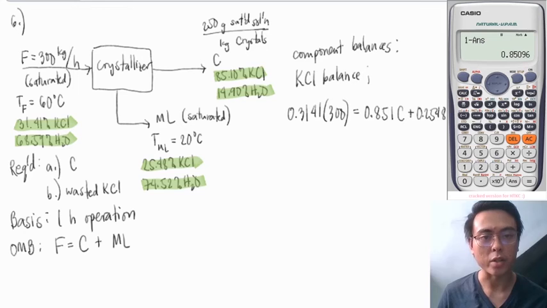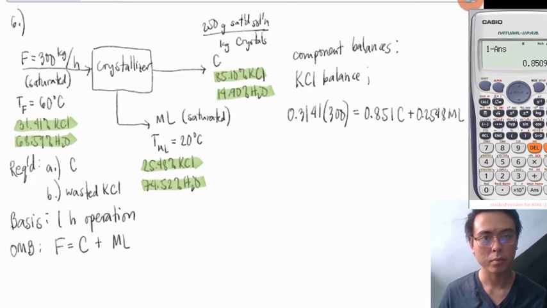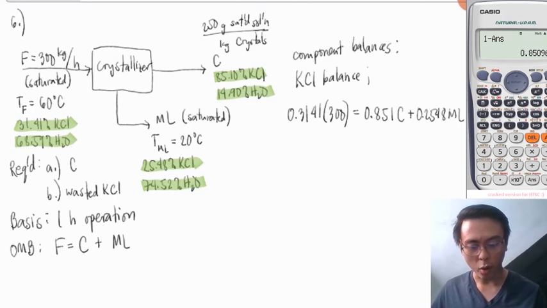The calculator is obstructing. Okay. So that is our KCl balance. So from your OMB, sorry, we forgot to substitute. This should be 300 is equal to C plus ml.